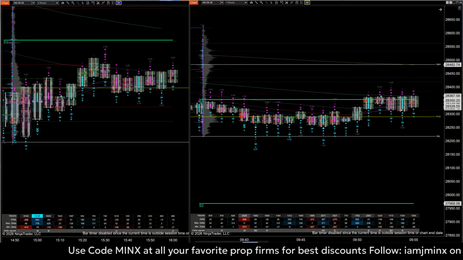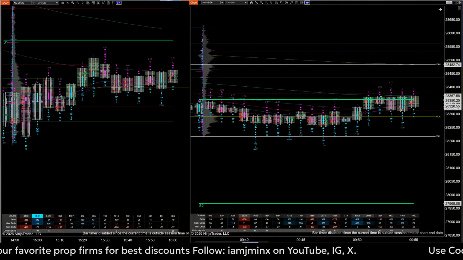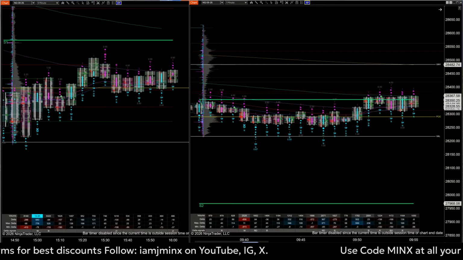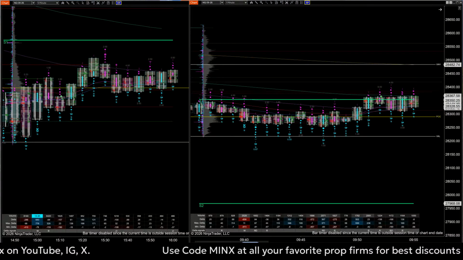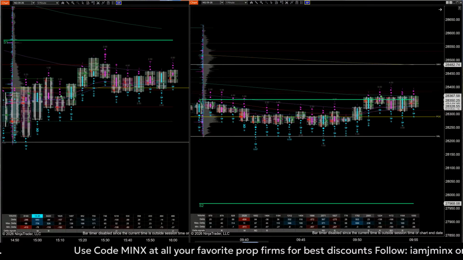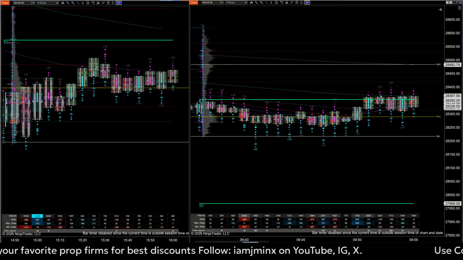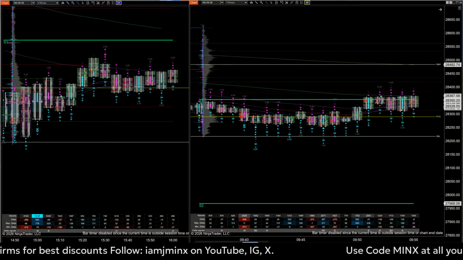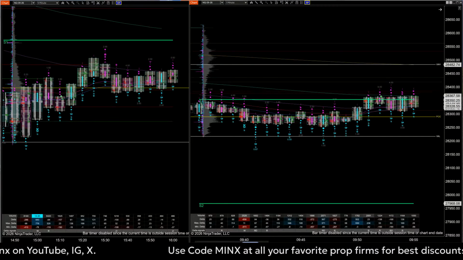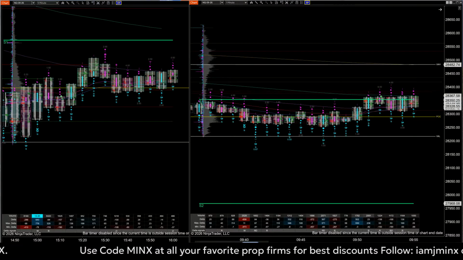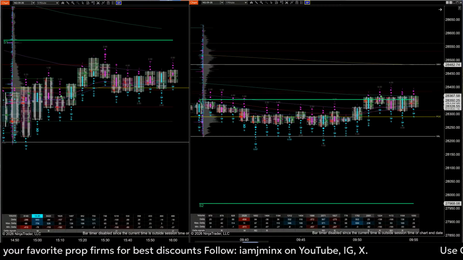Same thing around 28,315 or 320-ish. They'll go up to that and then reverse all the way back down. Again, that tells you that's where most people are putting their stops. On a normal chart, the push looks like a breakout, but on a footprint it looks completely different.